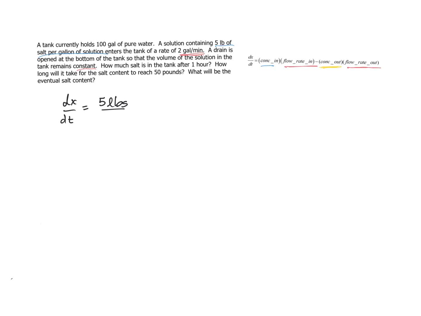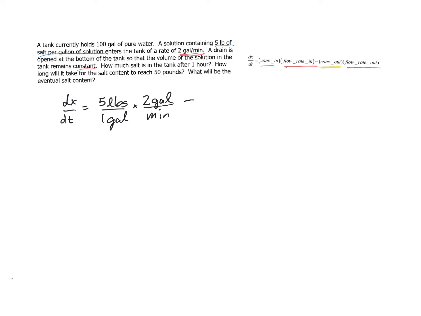So when we write our differential equation, it's very helpful to put the units into the equation. So we've got dx dt is equal to the concentration going in, which is, again, 5 pounds per 1 gallon, and that's now multiplied by the flow rate going in, which is 2 gallons per minute.